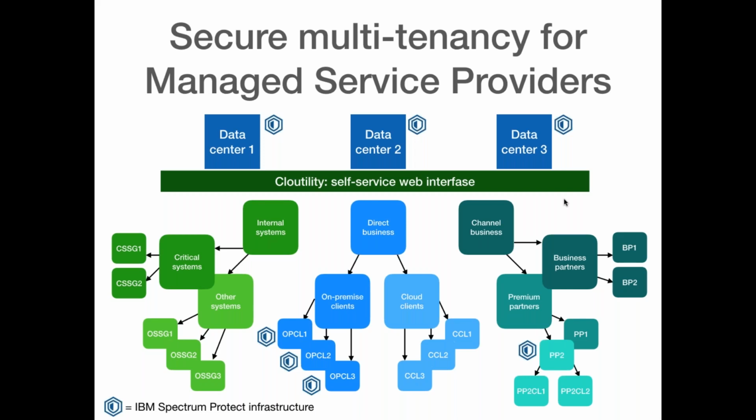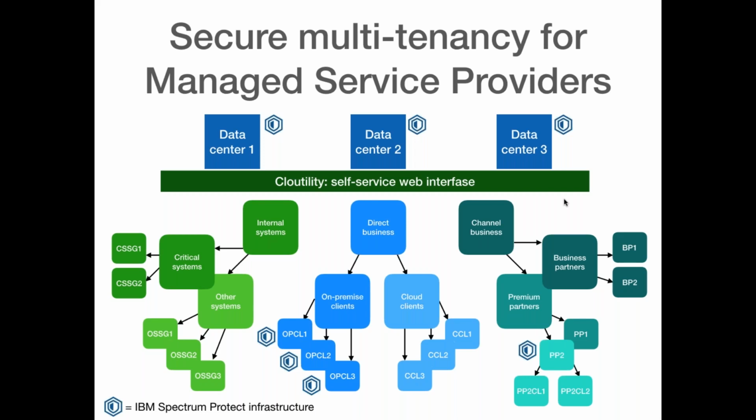So if you have a user that only needs to look after the critical system server group 2, then you add the user on this level, and that's all he can see in this whole hierarchical model. So on all levels, users can be added with the privileges that you as system owner want the users to have. So this is a setup that could reflect how the real world looks for a managed service provider.